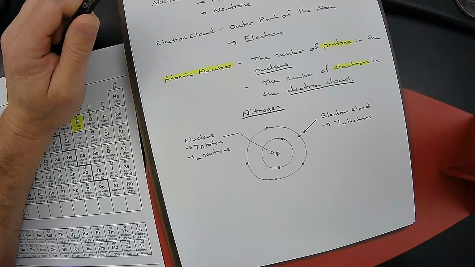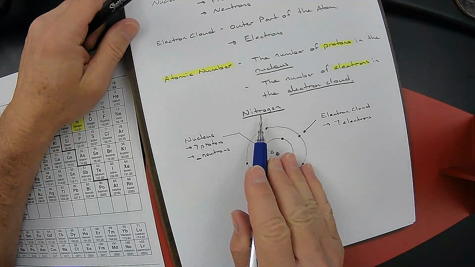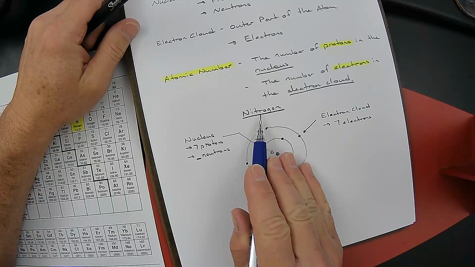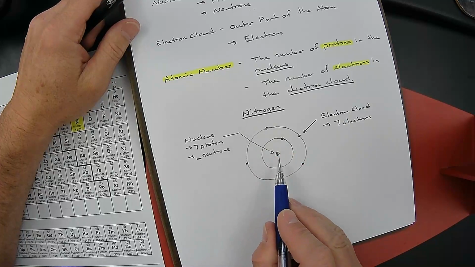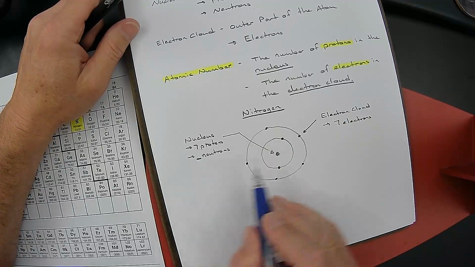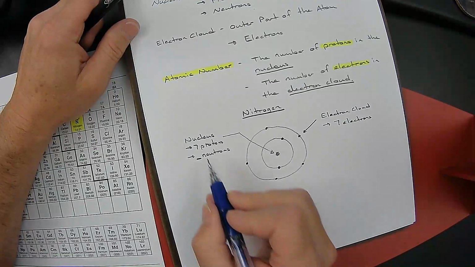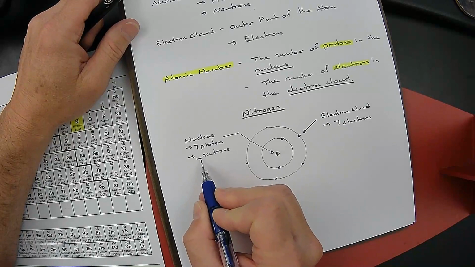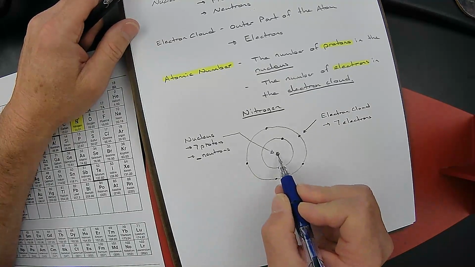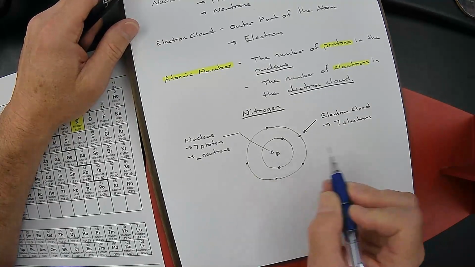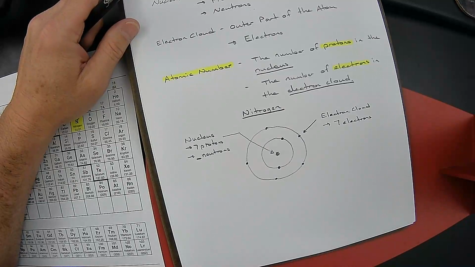It turns out that no matter what type of nitrogen atom you're dealing with, it will always have 7 protons and 7 electrons. But the number of neutrons can be different from one atom to the next.